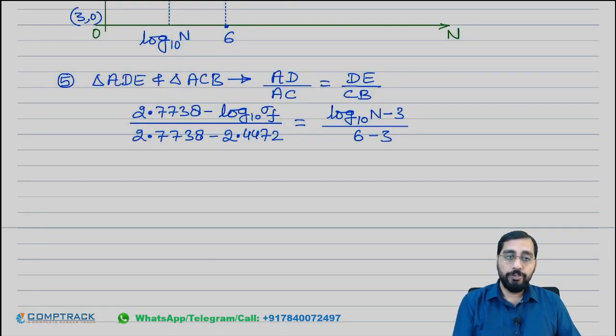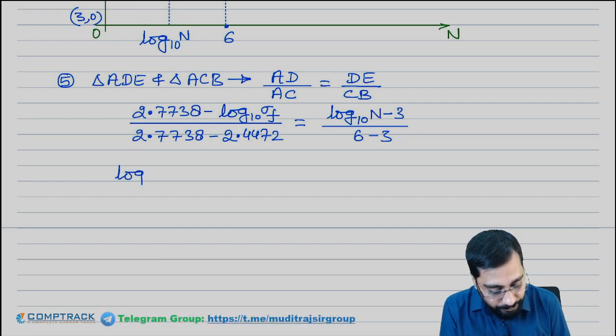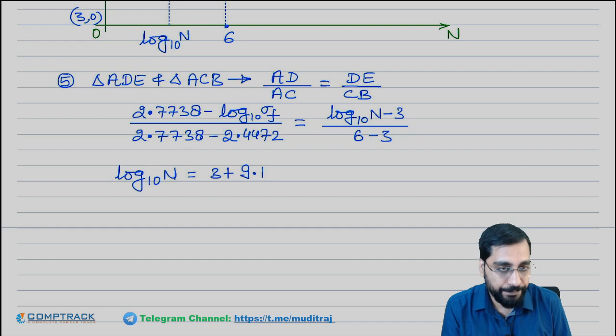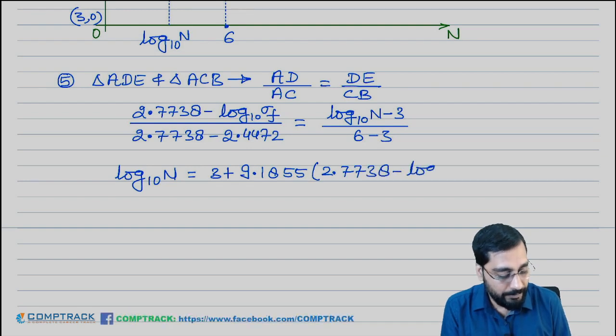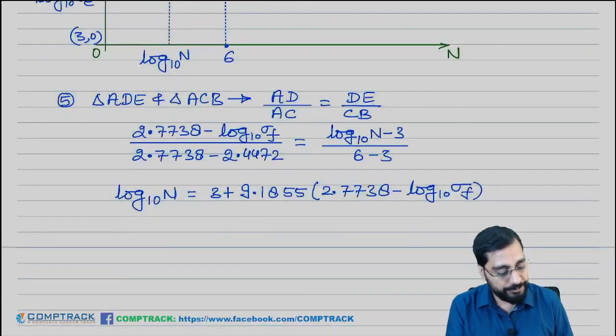Okay. So here you will get a general relation between the number of cycles and the fluctuating stress. So when you will solve, you will get this equation. Equation number 6.